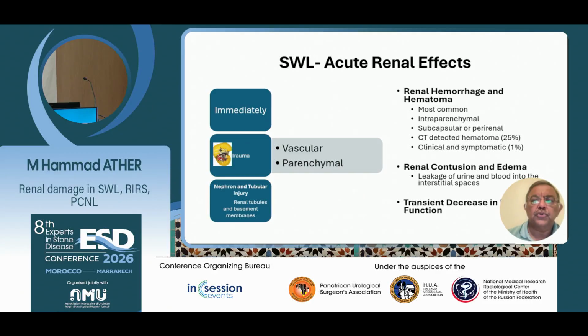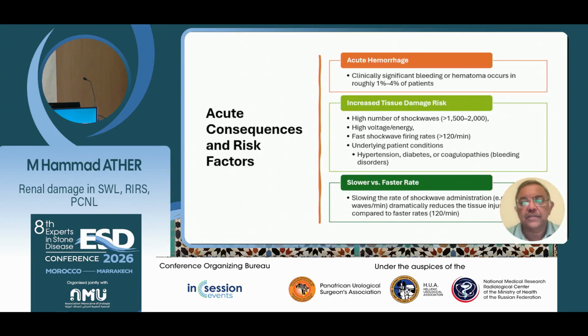Renal contusion and edema, from leakage of urine and blood into the interstitial space with the resultant compression effect, is also one of the ways of causing renal injury. Transient decrease in renal function is an outcome of these factors.